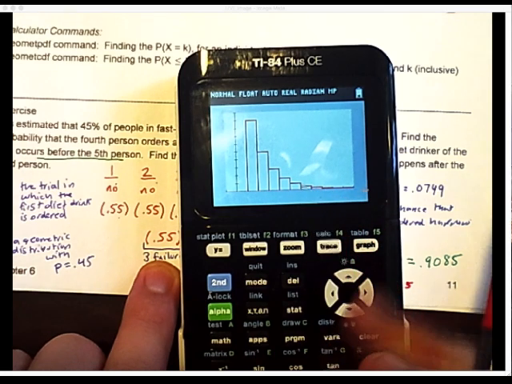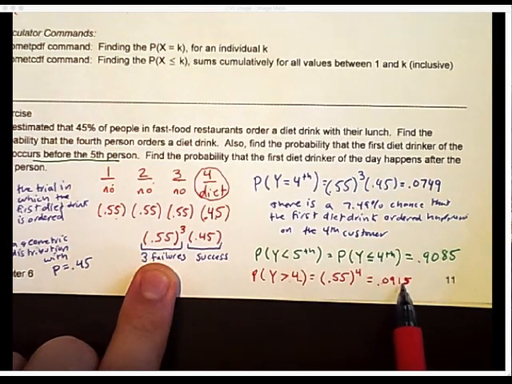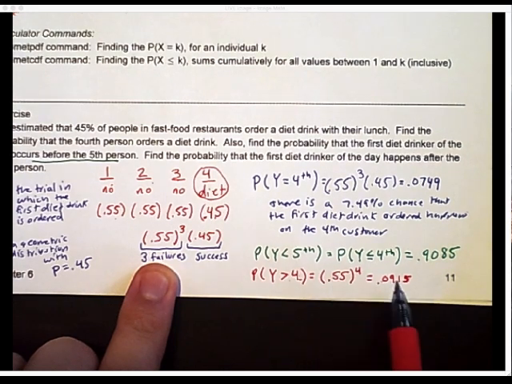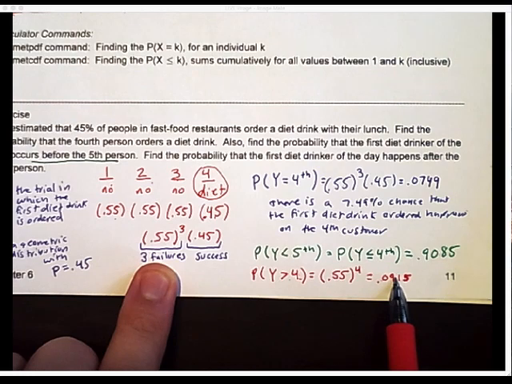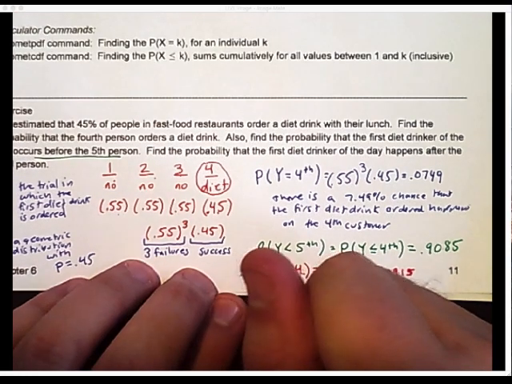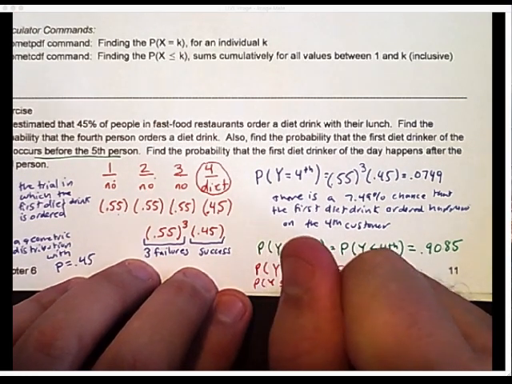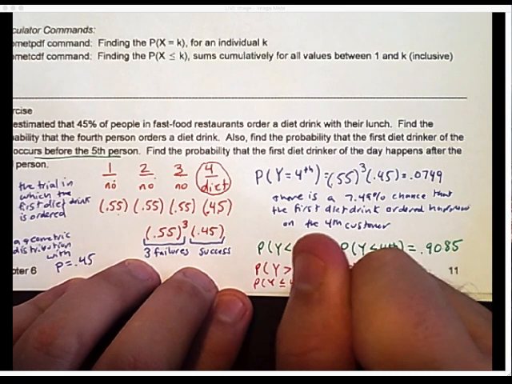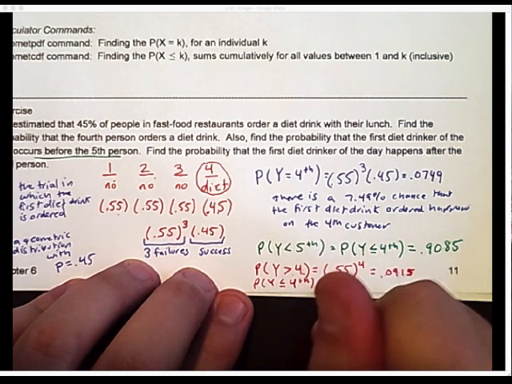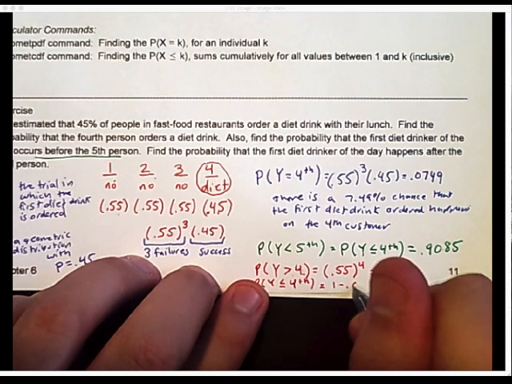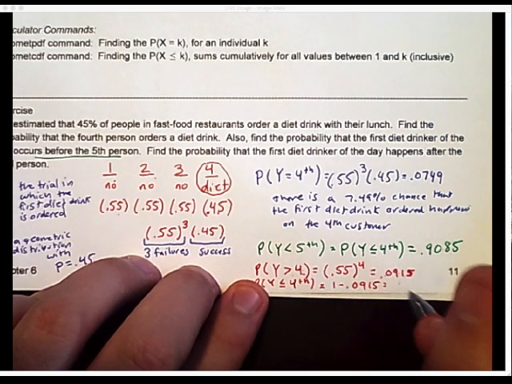So when we do that, we get 0.0915. But these two things are complements. So if I wanted to find the probability that y is less than or equal to the 4th trial, I would just do 1 minus 0.0915, which would give me 0.9085.